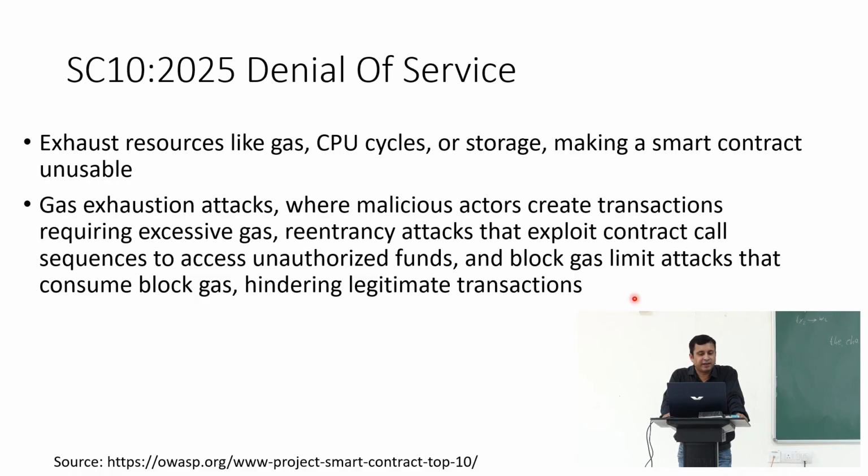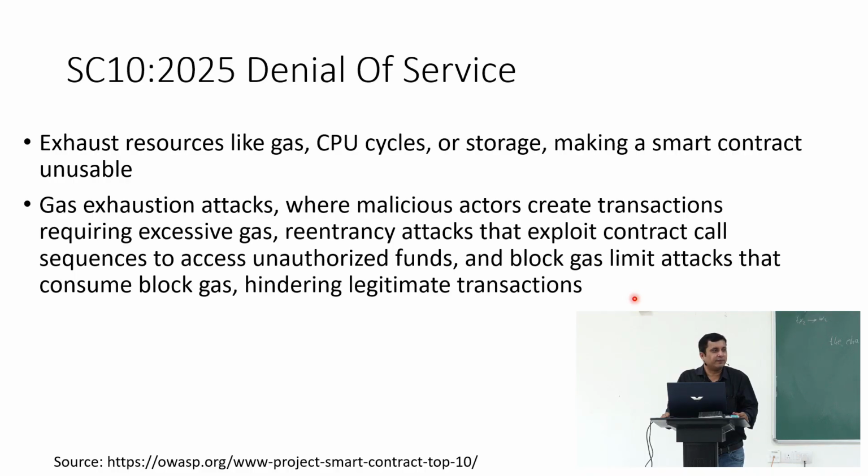If you see the re-entrancy attack, it is exploiting the contract call sequence to access unauthorized funds. So I'll continuously access that unauthorized fund. Ultimately what will happen? Funds will not be available, so genuine users will not be able to perform transactions using that fund. So I can affect the balance value to 0.